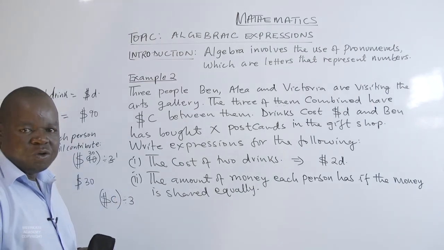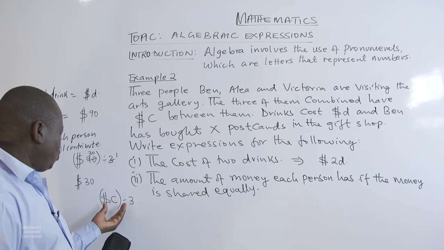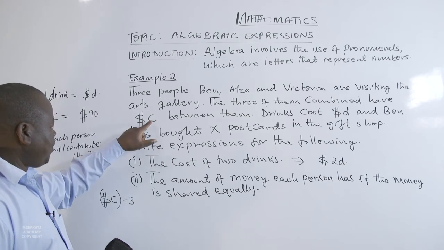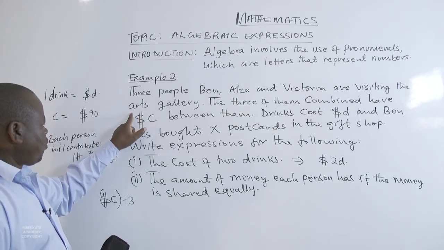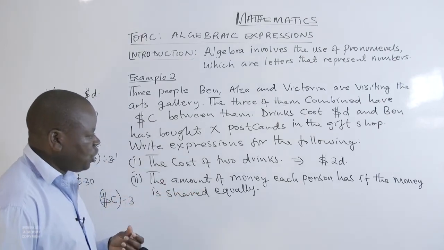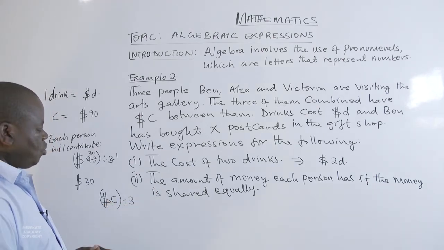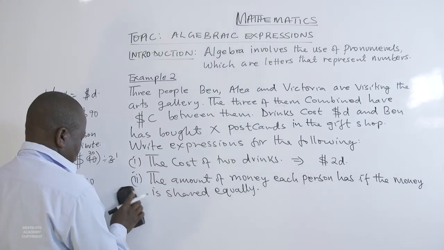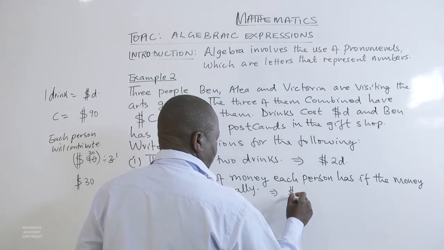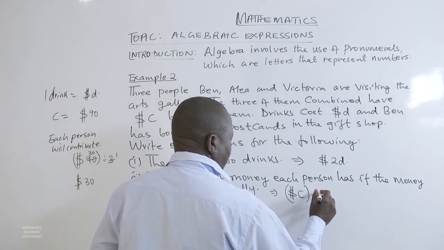That is the amount of money each particular individual is supposed to contribute for the purpose of this particular visit, because we have been told that the total money they require for that visit is C. And therefore, because they are 3 and they are contributing equal share, it will be C divided by 3. So there we now write C dollars divided by 3.